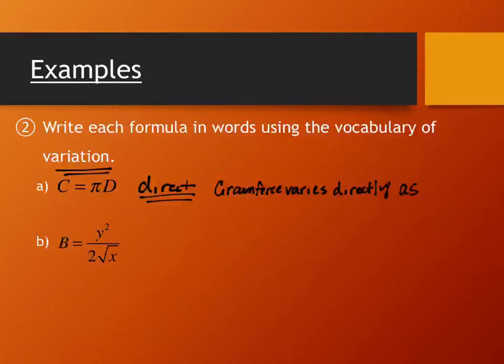You've got to say something about diameter. I am not an English teacher, so if your language is not quite grammatically correct, we'll be okay. It varies directly as the diameter.